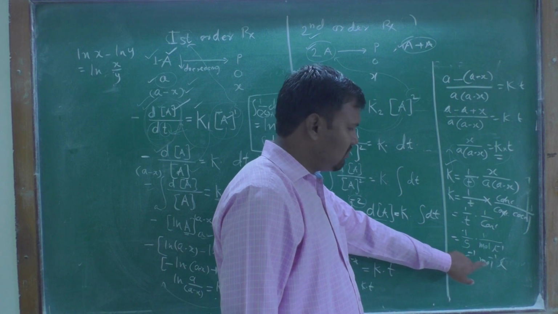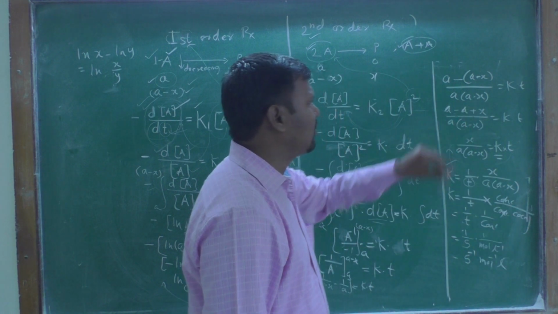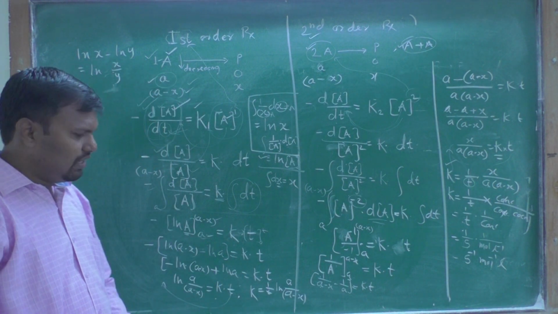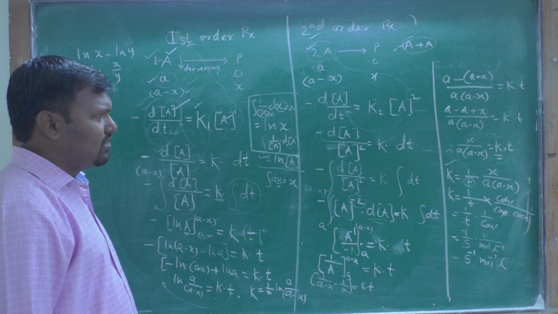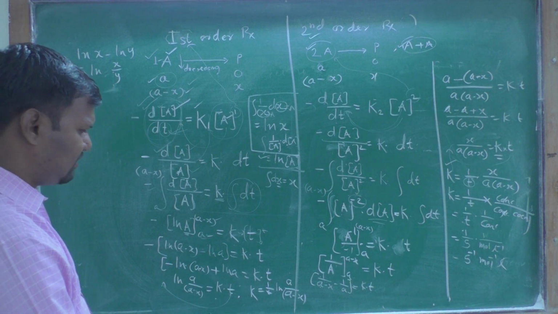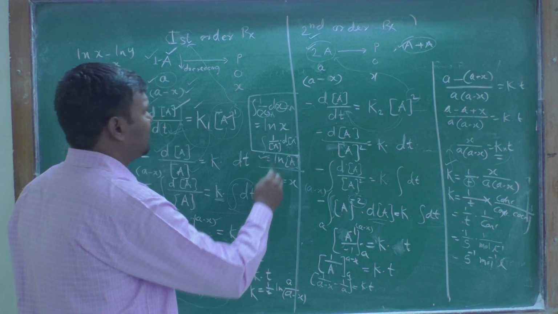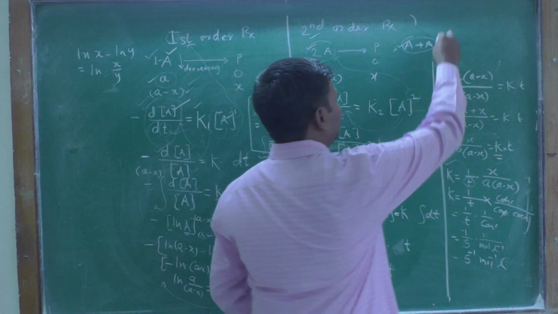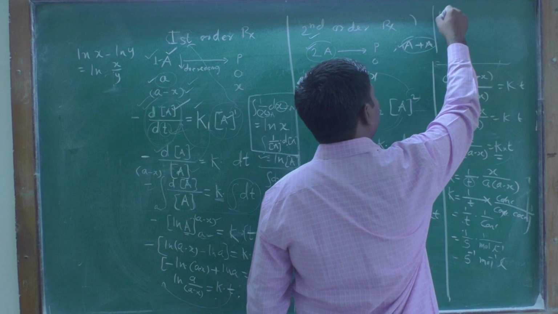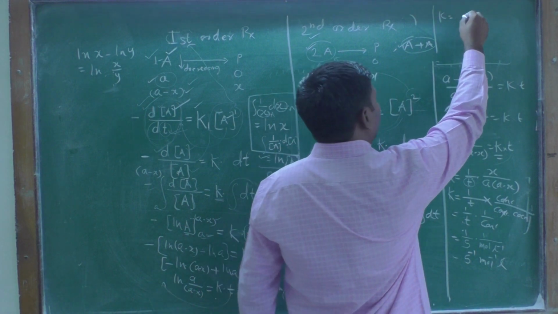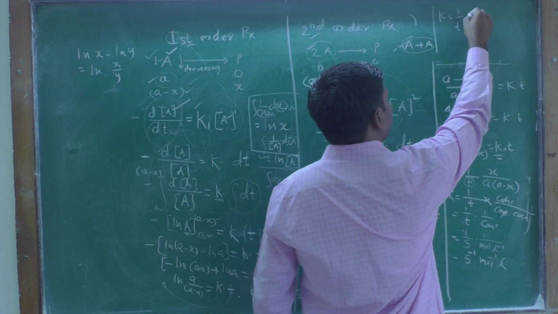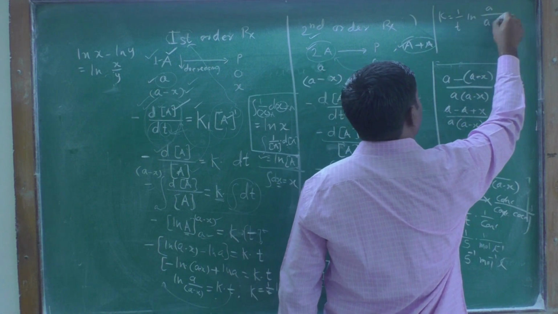Second per mole, liter is the unit for the second order reaction. For the calculation of the unit for the first order reaction, we have obtained K equal to 1 upon t ln a upon a minus x.